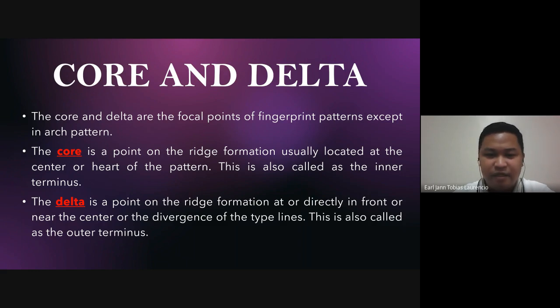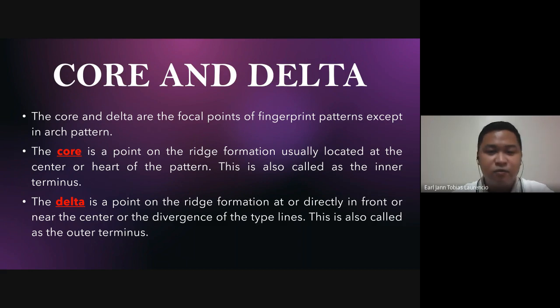There are appearances of tented arc that look like a loop, because as we said in our previous lecture, a tented arc pattern is actually a transition pattern between an arc pattern and a loop pattern.